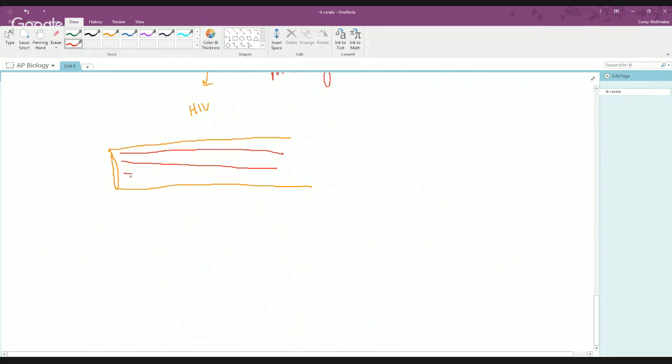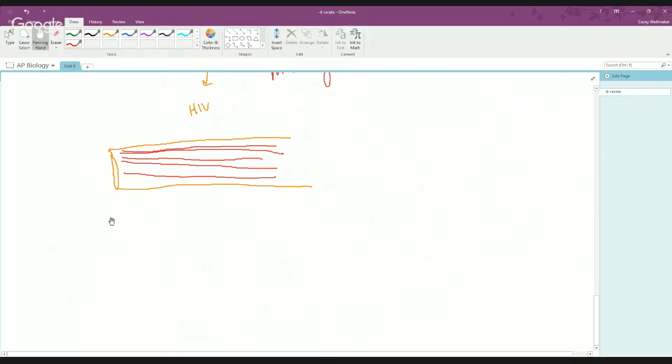So let's zoom in, and your textbook, or just even Google Images, has so much better pictures than this. So if you need to pull that up while I'm talking about it, feel free to. Let's zoom in on one myofibril.